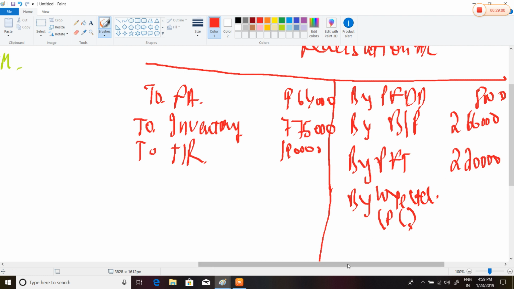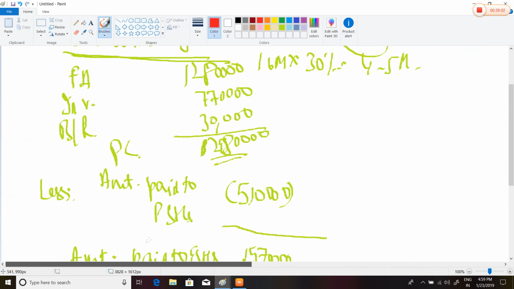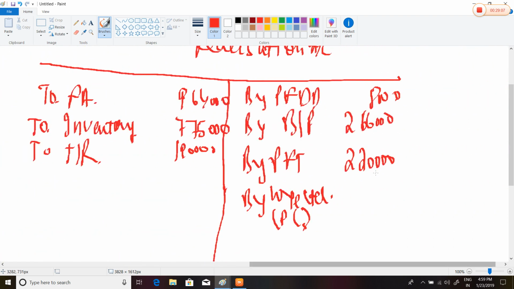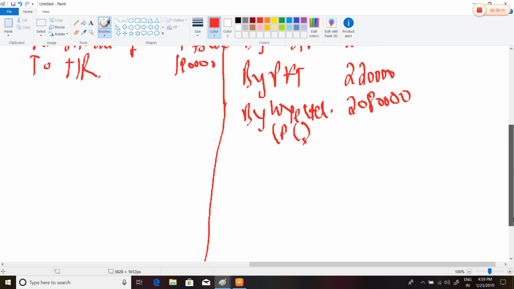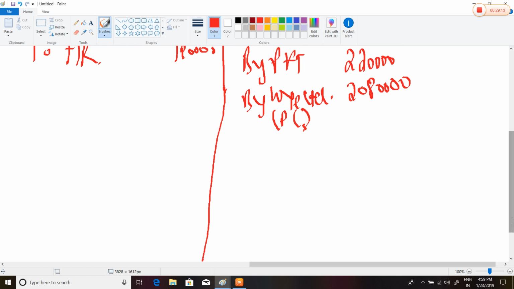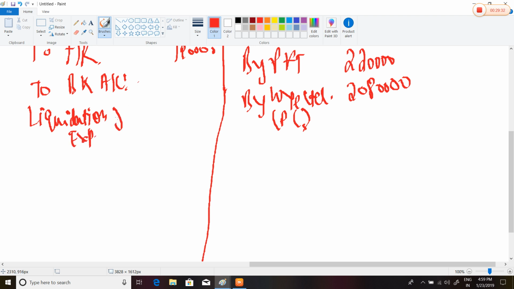How much was the purchase consideration? 20 lakhs 80,000. Then to bank or cash, you can say liquidation expenses, 8,000.